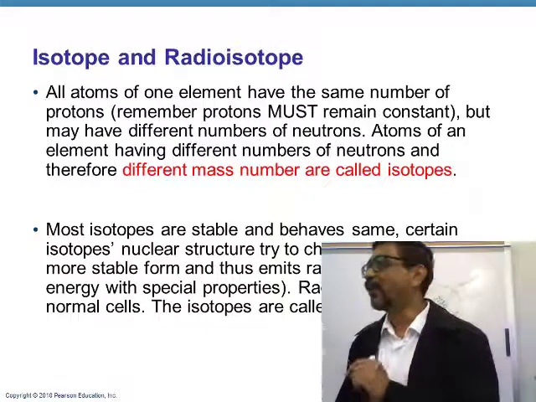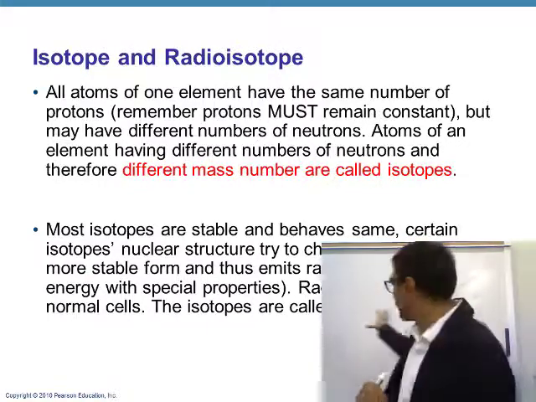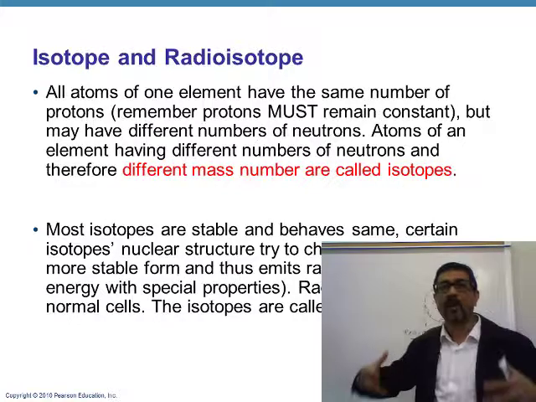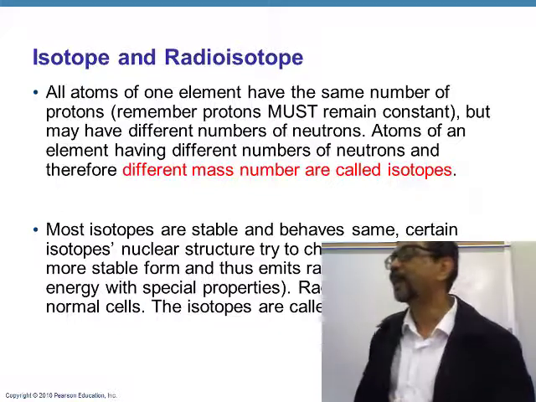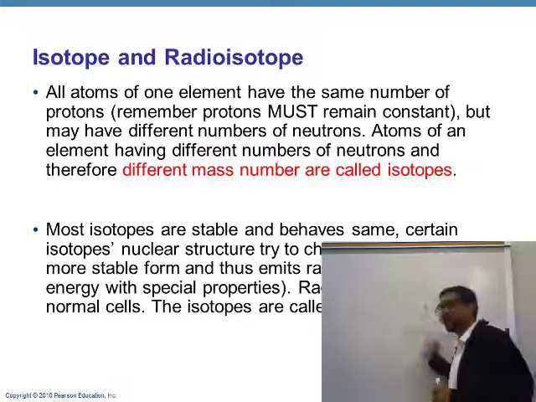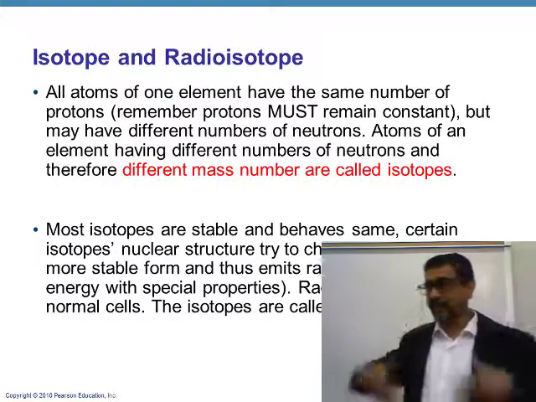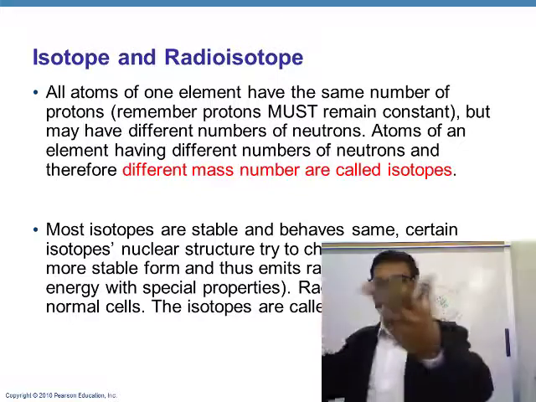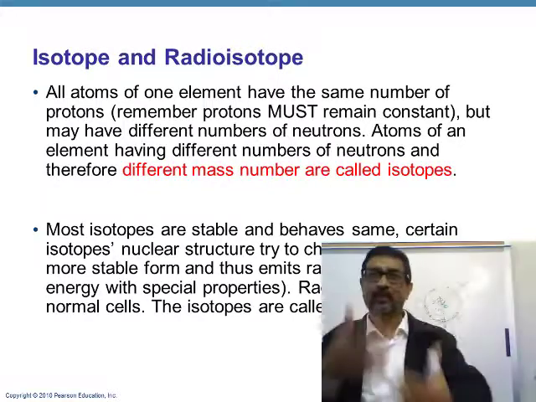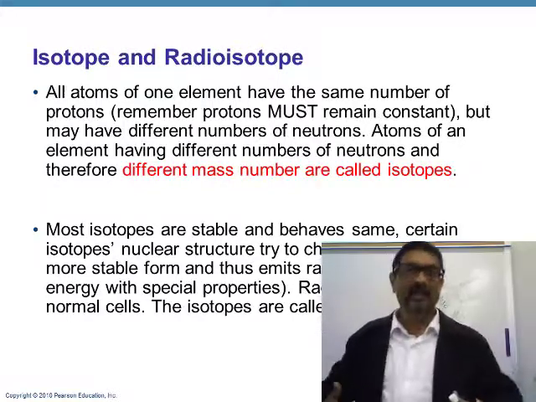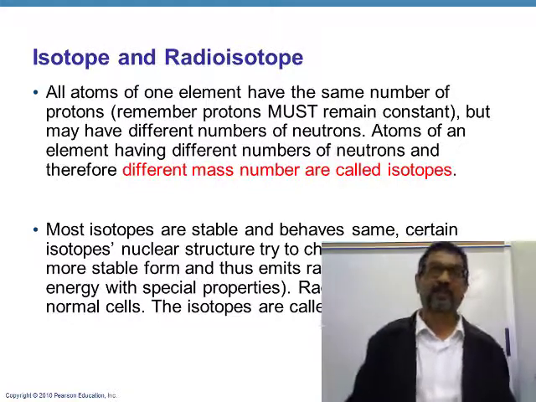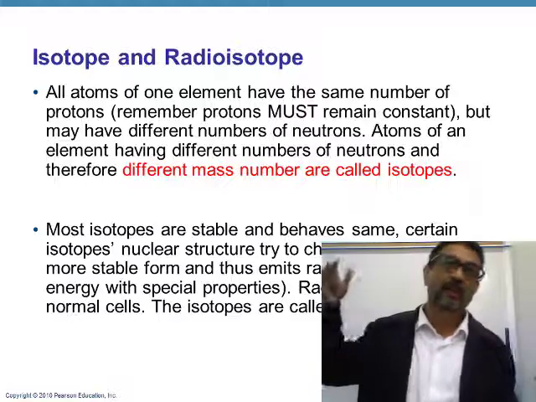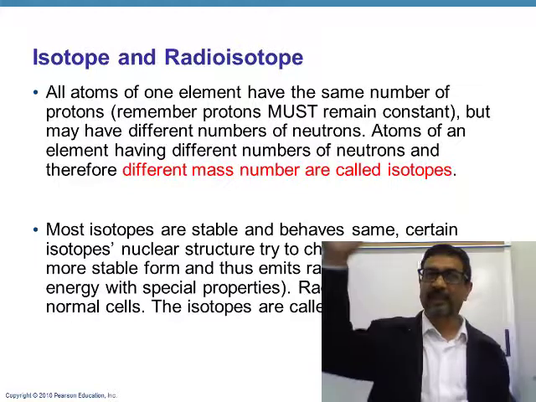But now we know how to use the radioisotopes for our better purposes. For example, radioisotopes are now used in X-ray to take the picture, because radiation can pass through the soft tissue and go inside. Okay, so we can use that in a controlled way. So it will not cause harm, but will pass through the tissue, and you can take the pictures.